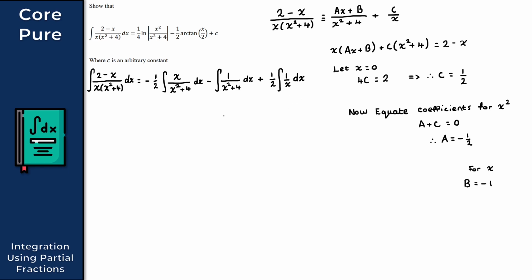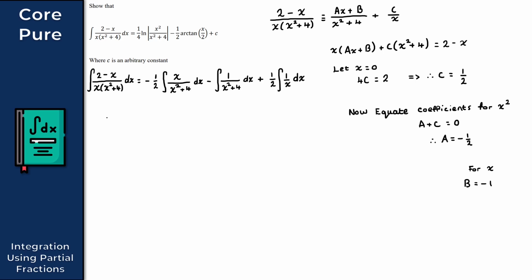So now all we need to do is evaluate each one of these integrals separately. Just take your time with this, we can easily make a mistake if we're not careful. For the first integral, just notice that if I differentiate the denominator, I get 2x. My numerator is x, so we're pretty close to the required form. All I need to do is take a factor of a half outside.